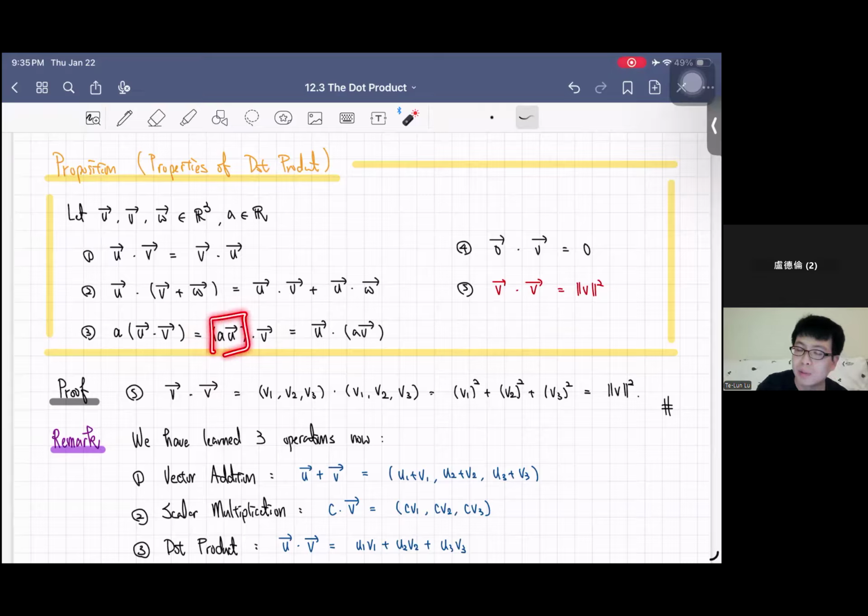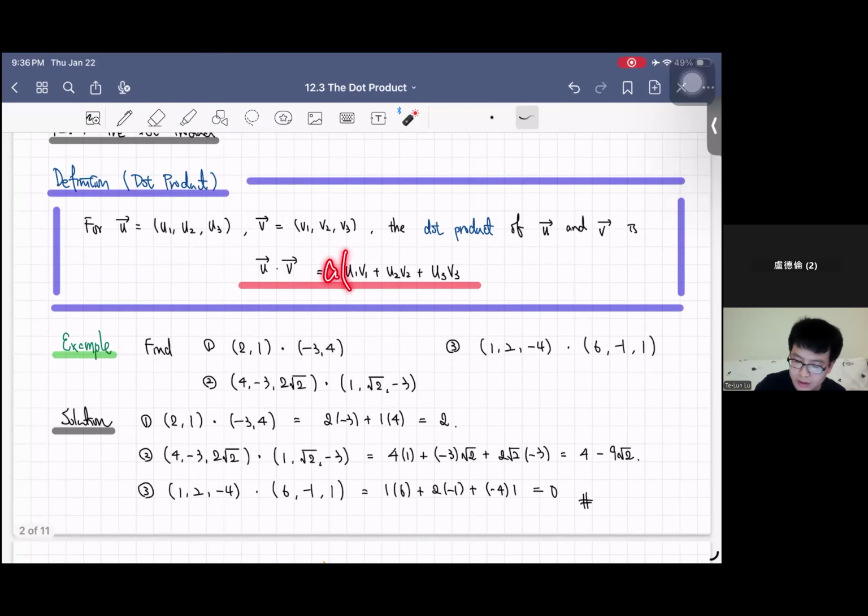If you do the scalar multiplication first, and then you do the dot product later, you get the same thing as this. And the same thing holds if you do the scalar multiplication on v first. That is also quite intuitive because when you're doing scalar multiplication, you simply multiply each entry by a, right? So whatever you do first, you always get this number, correct?